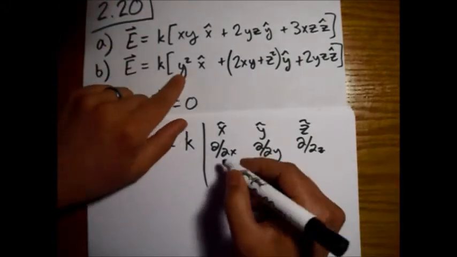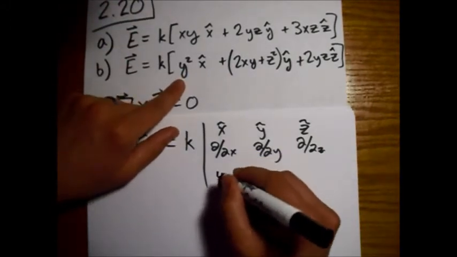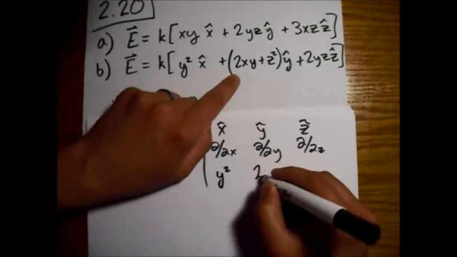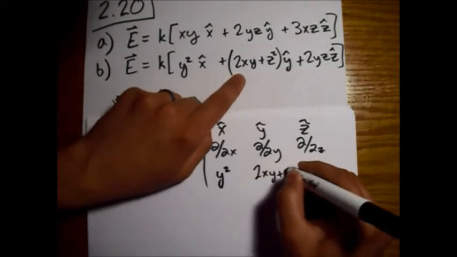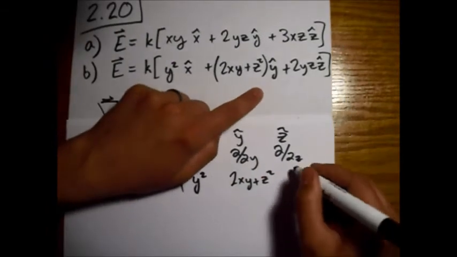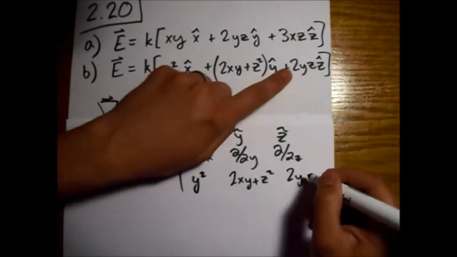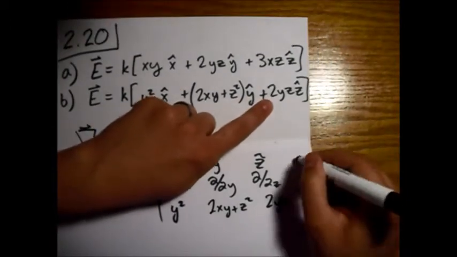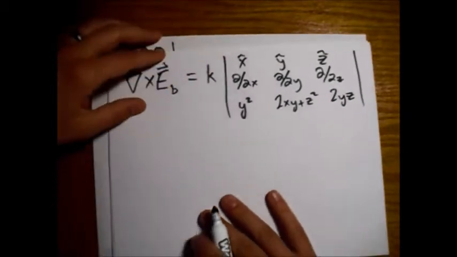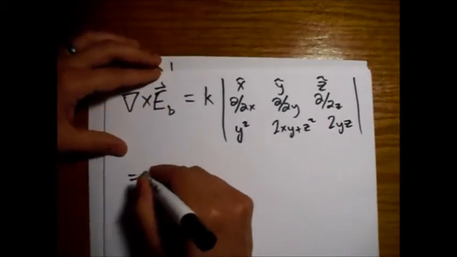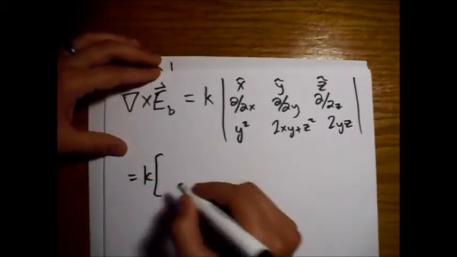Okay, the x hat component is y squared, 2xy plus z squared is the y component, and 2yz is the z component. Okay, the constant comes out front.